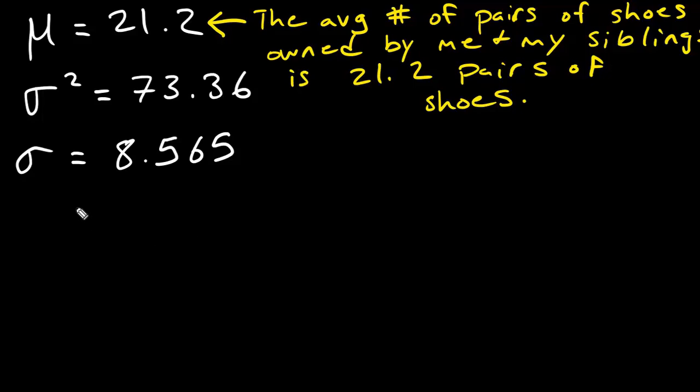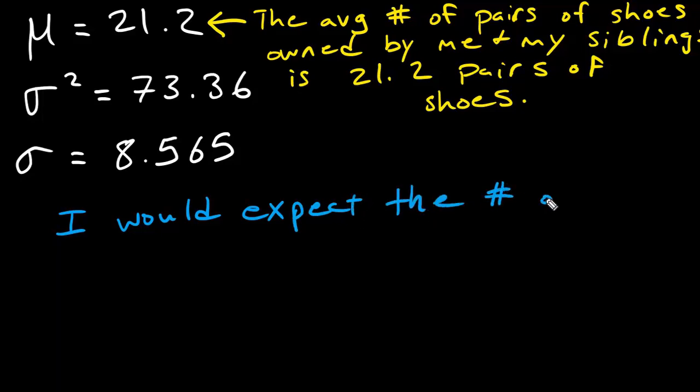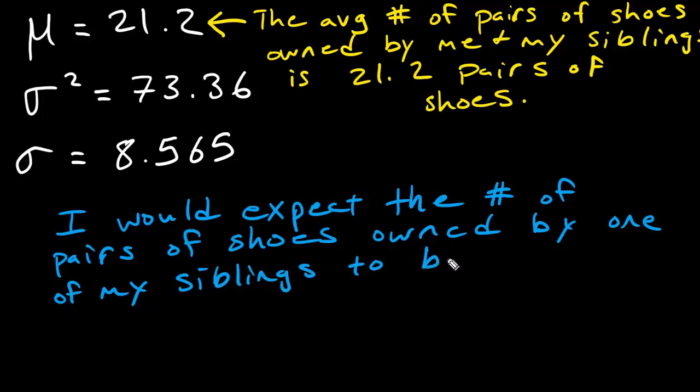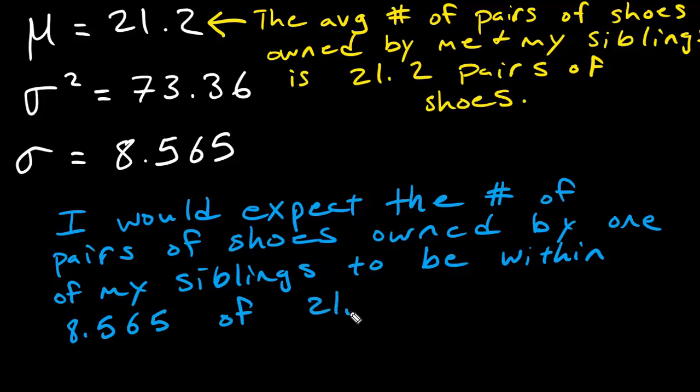See, this is why we write things out. I would expect, we're going to try this again, the number of pairs of shoes owned by one of my siblings to be within 8.565 of 21.2 pairs of shoes.